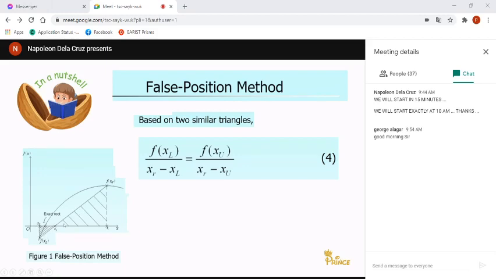Then, ganun until such time that you come up with the exact root. Gagalaw ito dun, select uli, intersect uli, and so on until you arrive at the exact root at that point.